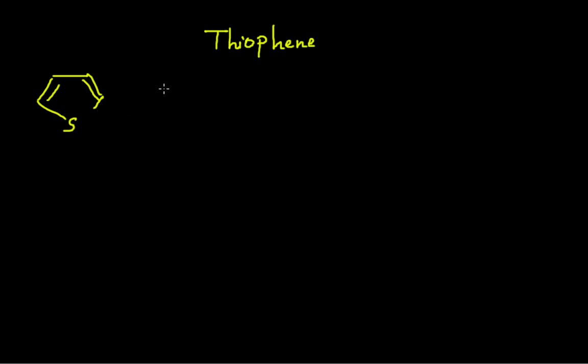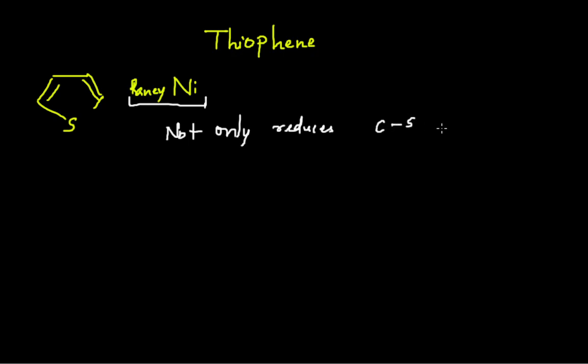Now this is opened using Raney nickel. This Raney nickel not only reduces C-S bonds but also the double bonds.